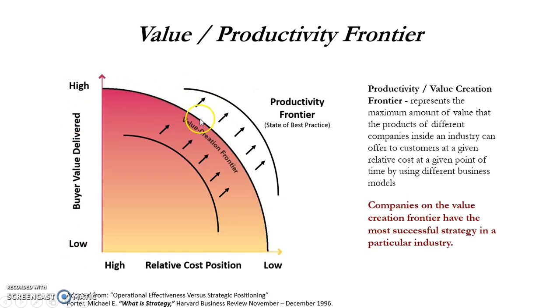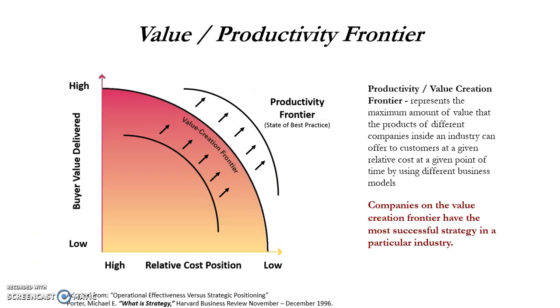Now this curve, which is known as the value creation frontier, is also called the productivity frontier or state of best practices, and it represents the maximum amount of value that the products of different companies inside an industry can offer to customers at a given relative cost at a given point of time by using different business models.